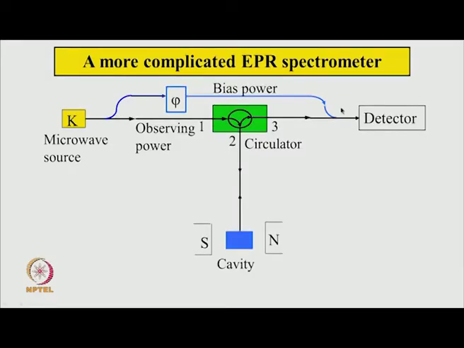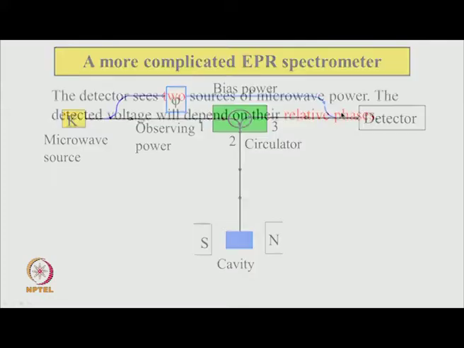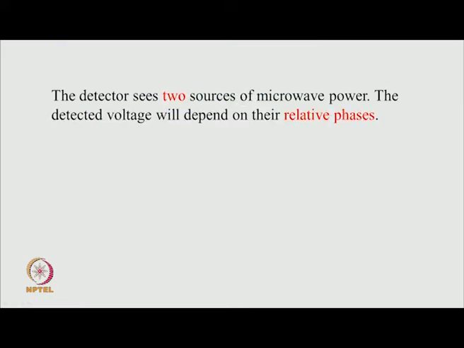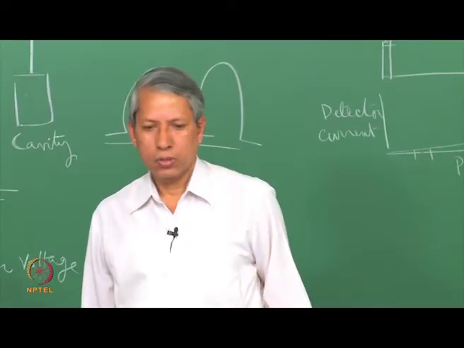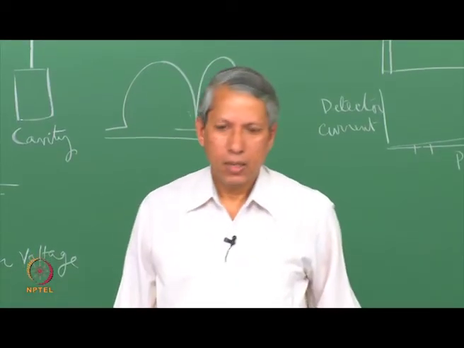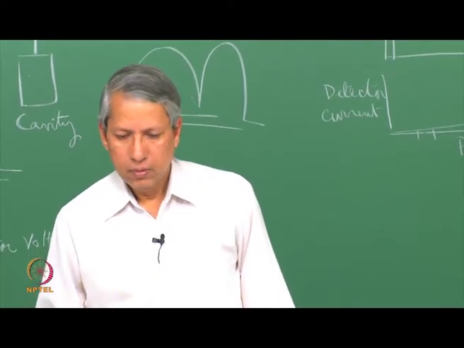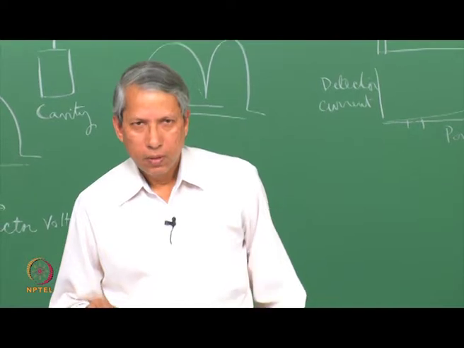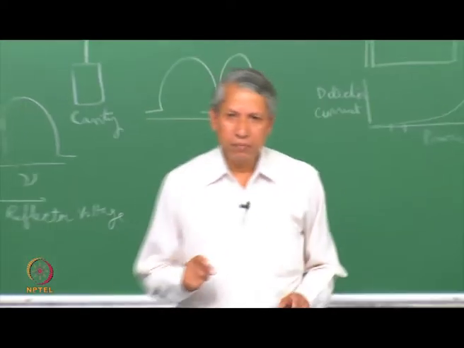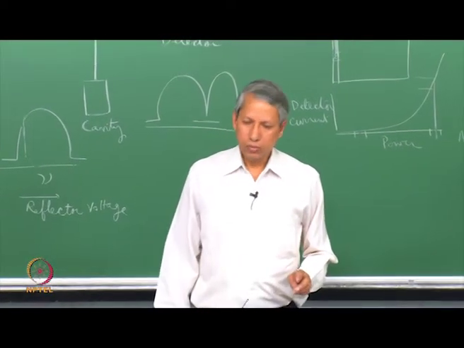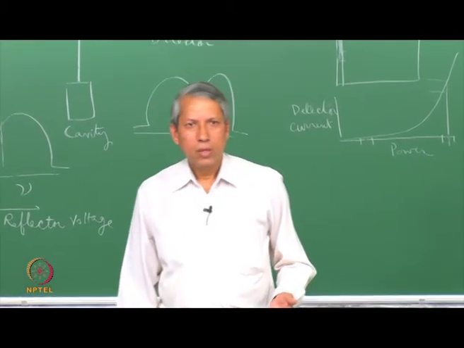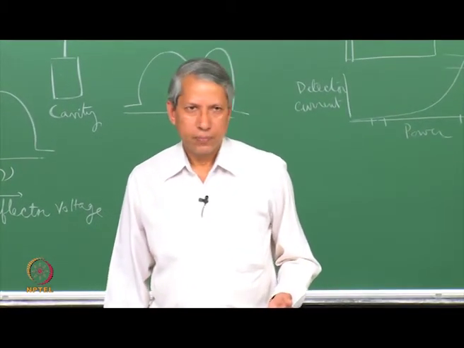So, with this we can adjust the bias, but here you see that the detector sees microwave power coming from 2 sources. One is from the bias path and the other from the cavity. So, if they do not have the same phase, then they will interfere in a destructive fashion.